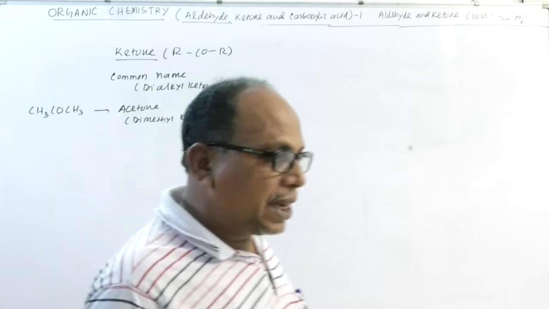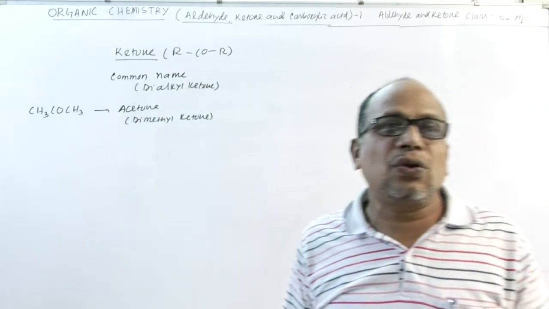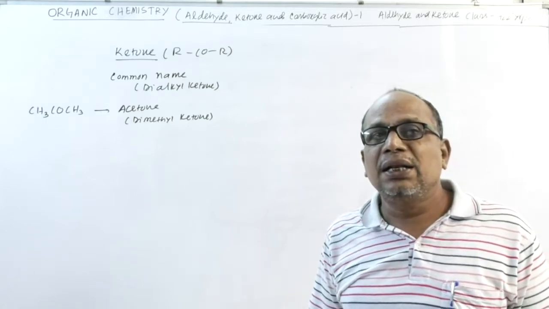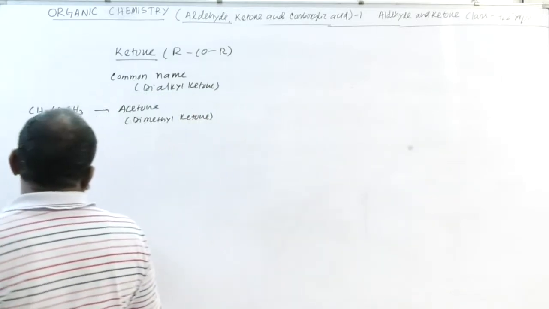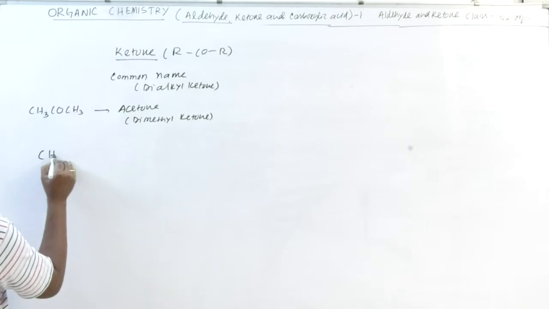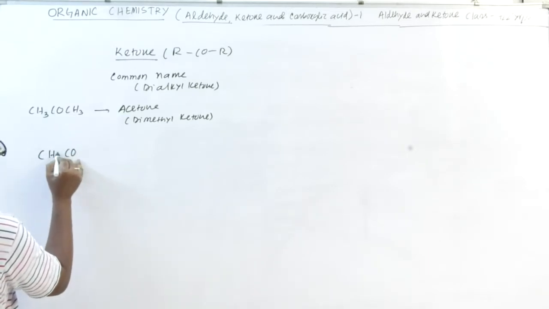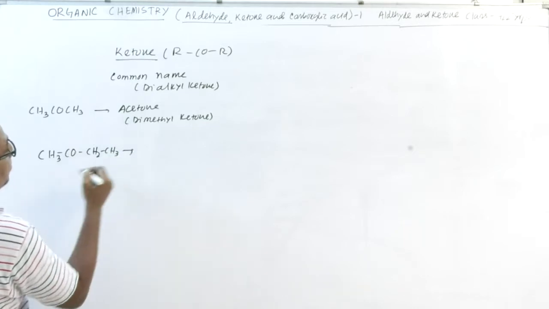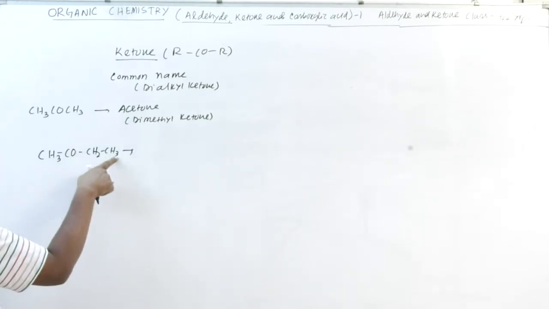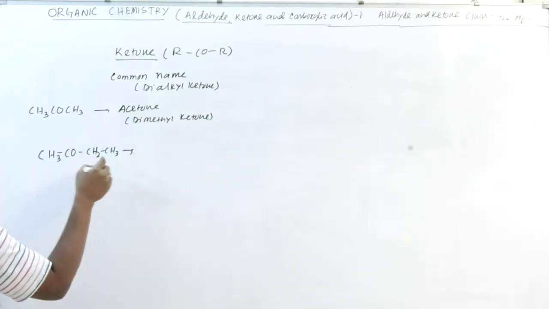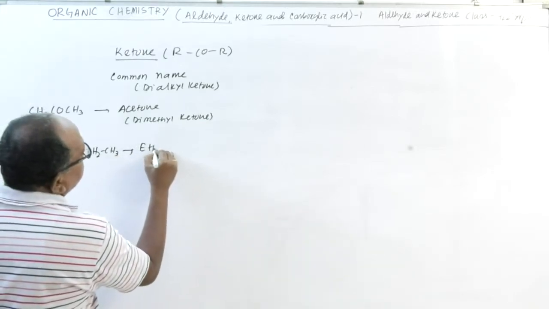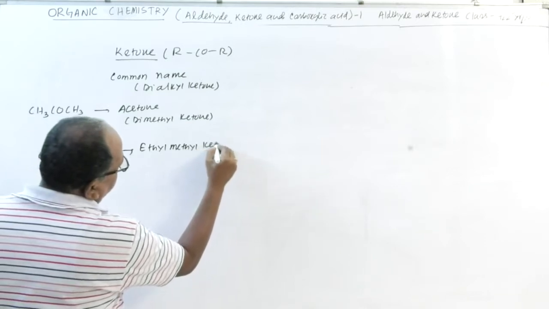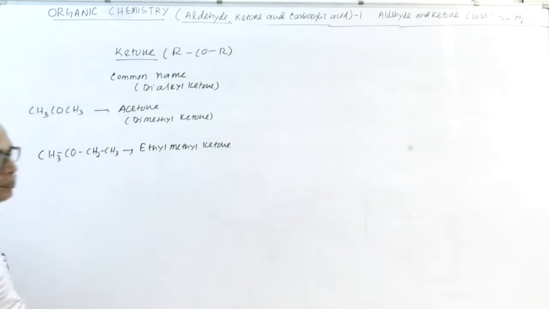Why is it called dimethyl ketone? Because the acetone contains 2 methyl groups, that's why you can say it is dimethyl ketone. Suppose you take CH3, CO, CH2, CH3. You see, this is an ethyl group containing 2 carbons and a methyl group. Ethyl methyl ketone.